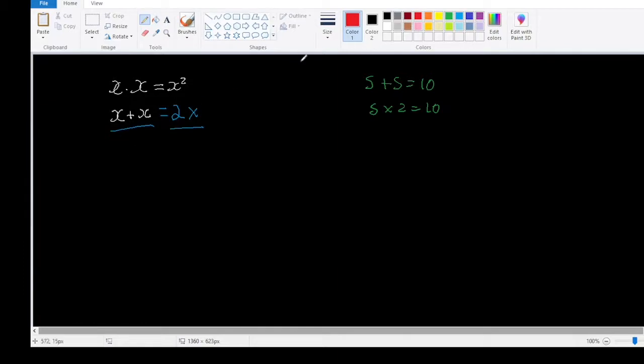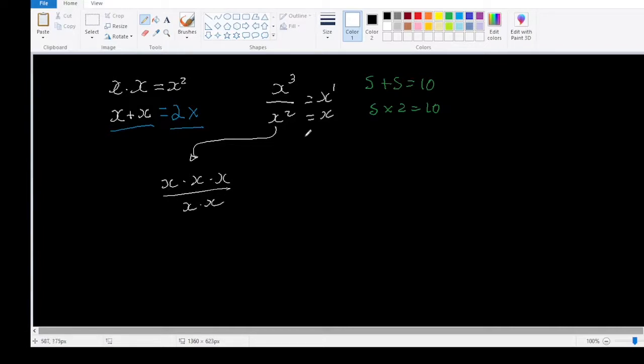So also we can take division of variables. For example, x to the power of 3 divided by x to the power of 2, how do we subtract and get x? The answer is x to the power of 1, or x. Well, let me explain this. This is equal to x times x times x divided by x times x.